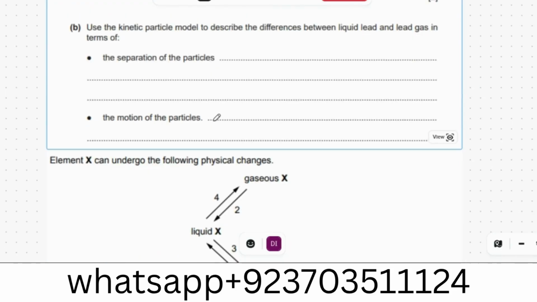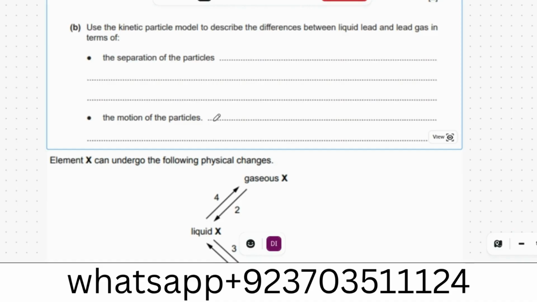Use kinetic energy of molecules to describe the difference between liquid lead and lead gas in terms of separation. In liquid lead, the particles are close together.